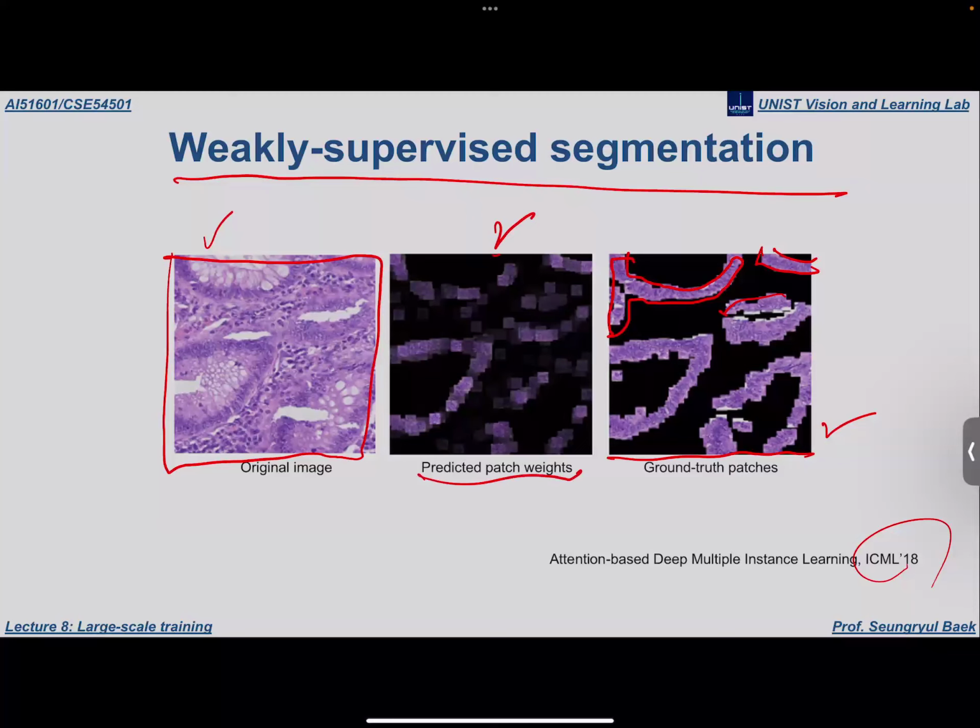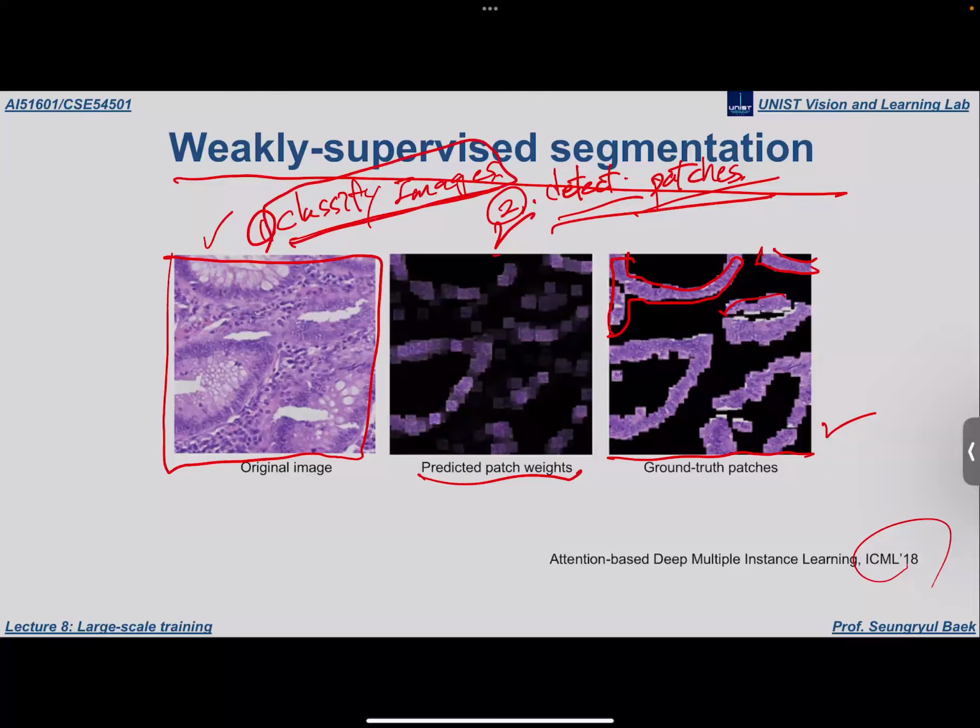So they want to first classify the image itself, and then at the same time, detect some patches which are relevant to the disease. So these are the two tasks, but we are given only the image level supervisory signal when achieving this task. We only have the labels that indicate whether this image has disease or not.